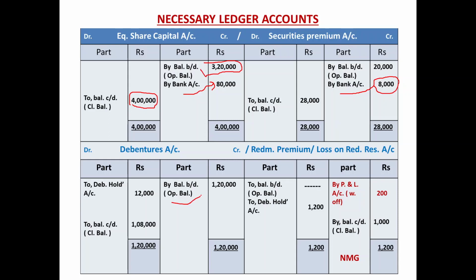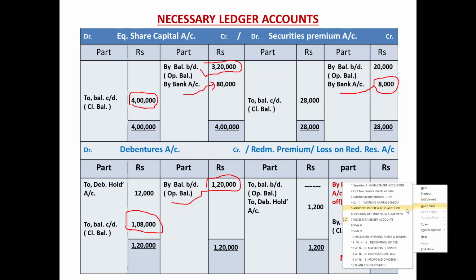Opening balance is 1,20,000, while closing balance is 1,08,000. It means during the current year, 12,000 worth of debentures have been redeemed with 10% premium. So let us go for working note.